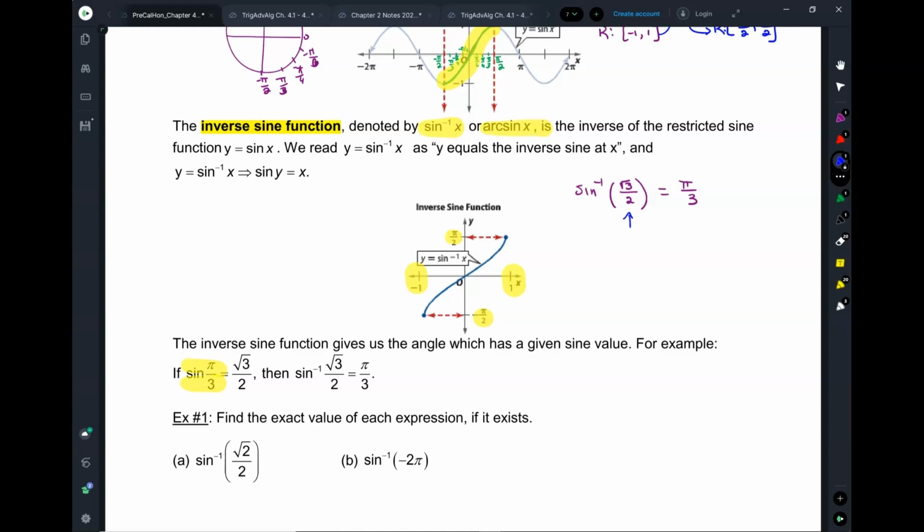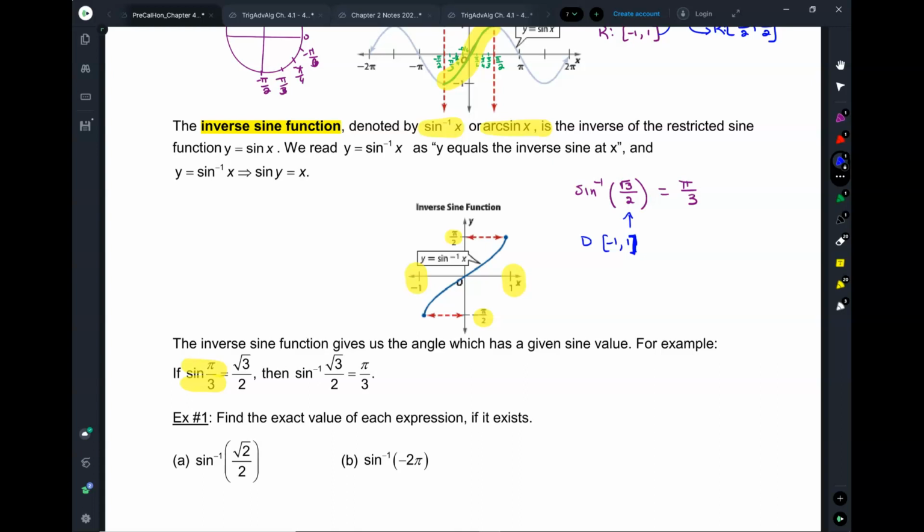So the number that goes in here represents a number in the domain, and the domain for now is -1 to 1. So in that parentheses, that's now the new domain for f inverse.